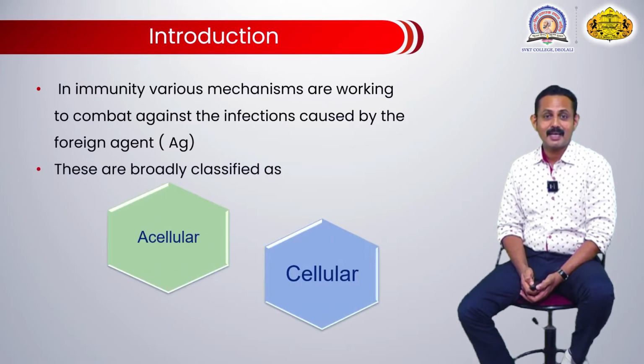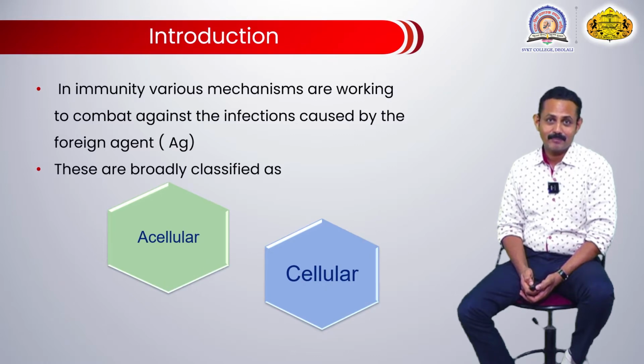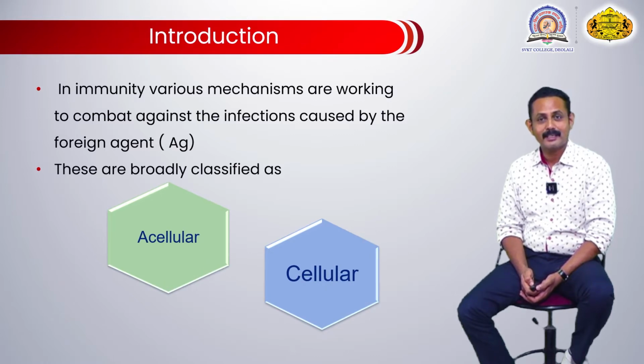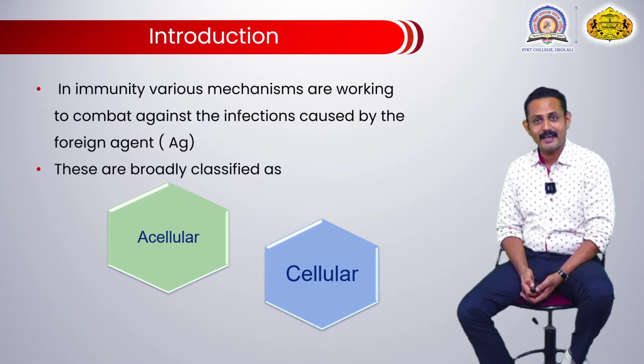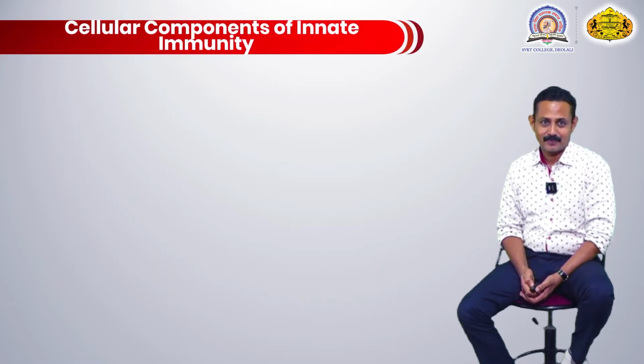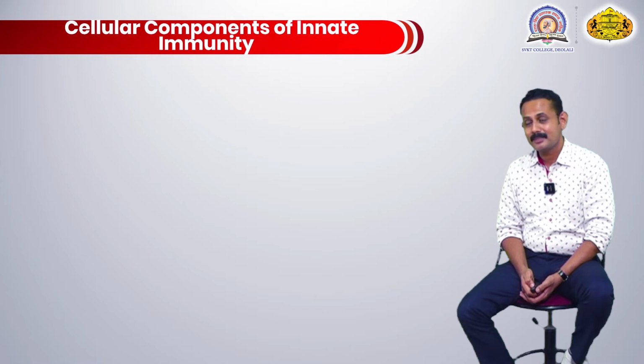These mechanisms are classified as acellular, where cells are not involved and secretions or different types of peptides present in the body defend against the antigen, and cellular, where different cells directly or indirectly come in contact with the antigen, get stimulated by it, and destroy it by performing a variety of mechanisms.